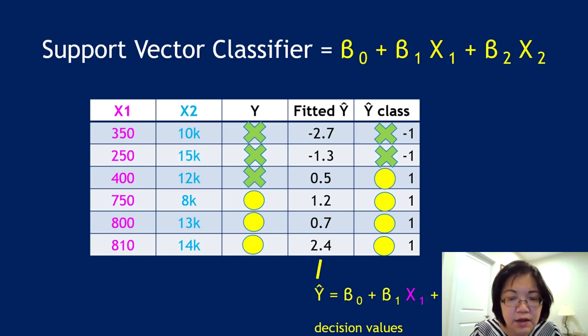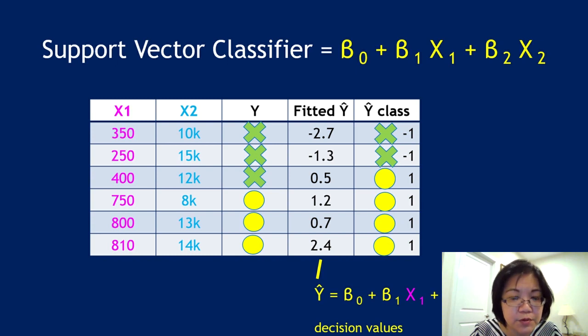And then using the optimized SVC equation, this hyperplane, you can actually calculate. You will just plug in the beta 0, beta 1, beta 2 coefficients, and also the x1 value and x2 value to be able to calculate your fitted y hat. The fitted y hat will be these values. They are not between 0 and 1. These are not probability values. These are just actual values that you get by plugging in the numbers.